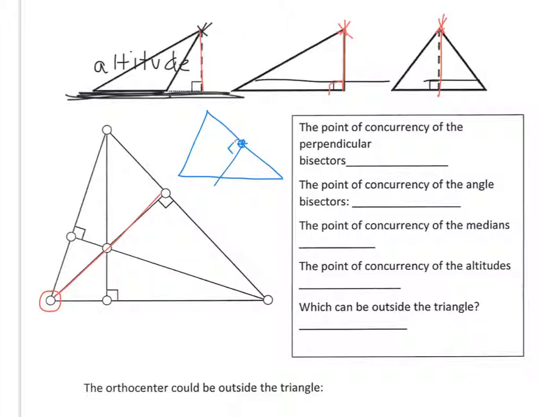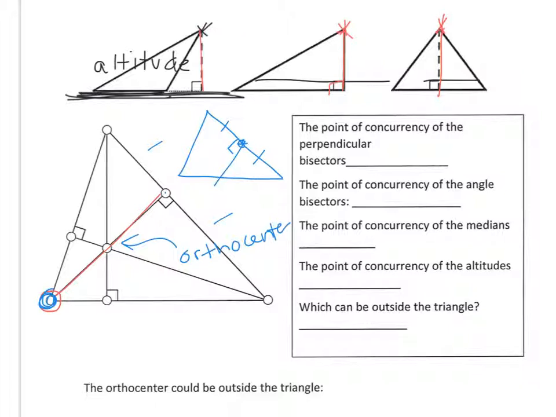It doesn't have to go through a vertex. It could, but it doesn't touch a vertex. An altitude touches a vertex and is perpendicular. This one bisects, and this one doesn't bisect over here. So that's why this is an altitude. These altitudes are inside, so that's why the orthocenter is right here.